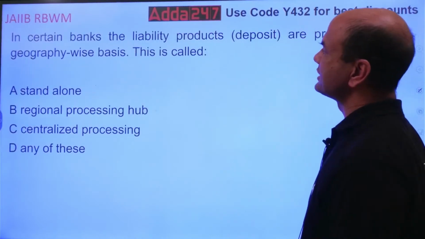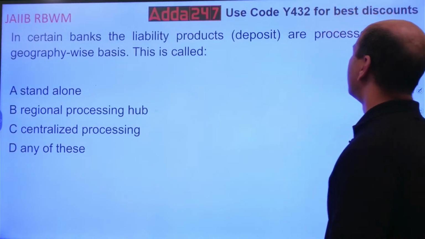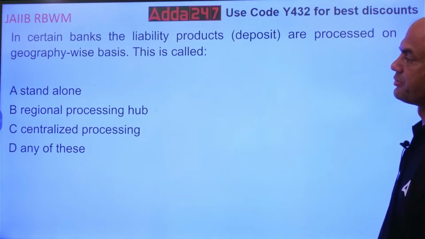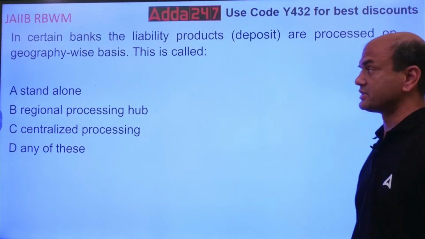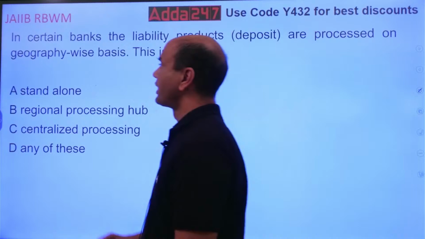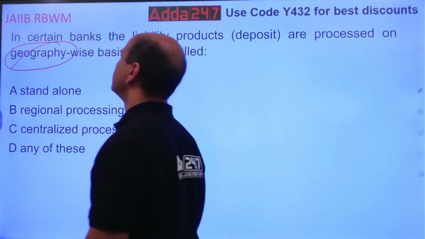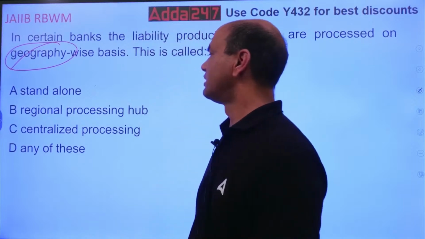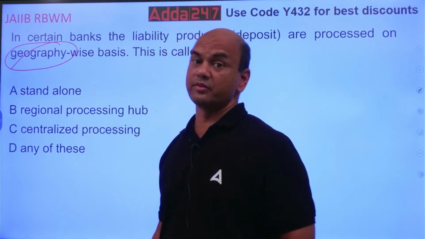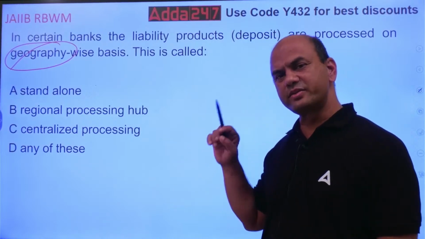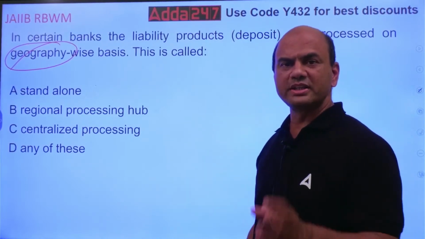In certain banks, the liability products are processed on geography-wise basis. This is called as what? Geography-wise. Standalone, regional, centralized, any of these. Now, all of you should get this answer. It's just the same answer which I gave, only one word is changed.